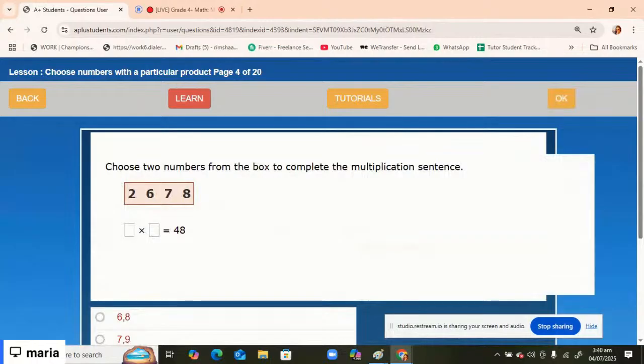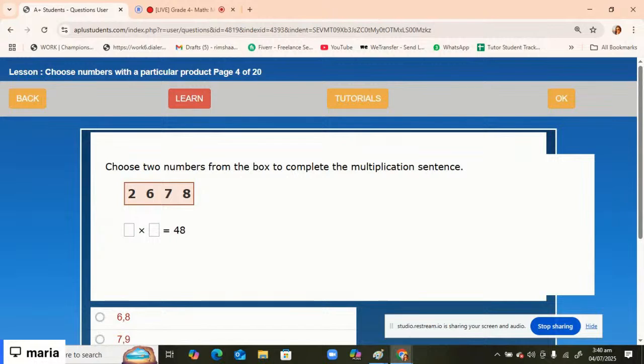Choose two numbers from the box to complete the multiplication sentences. 2, 6, 7, 8. Now you just check which ones you're going to multiply to get the answer. Okay. Now you guys solve it and then tell me the answer. I'm not solving this time, okay?